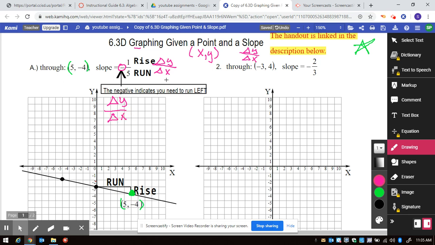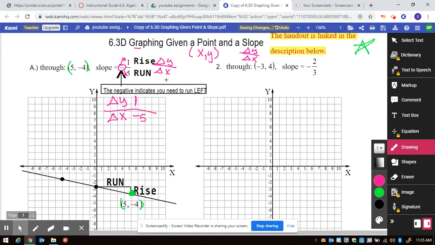You can choose it a couple of different ways. So this negative sign will either need to go on top with the 1 or the bottom with the 5. This example right here would be if you chose the 1 to be positive and the 5 to be negative.